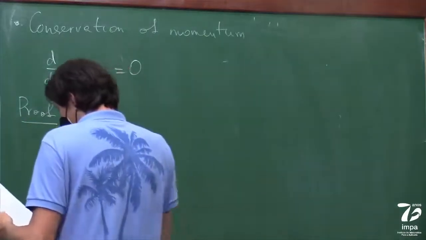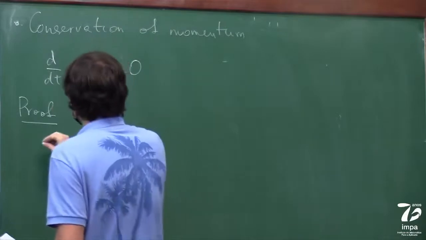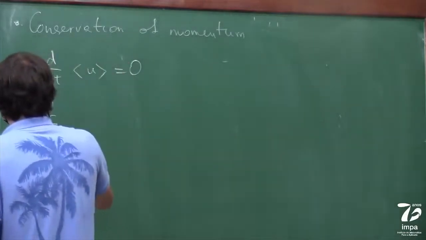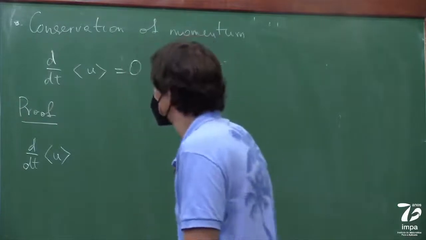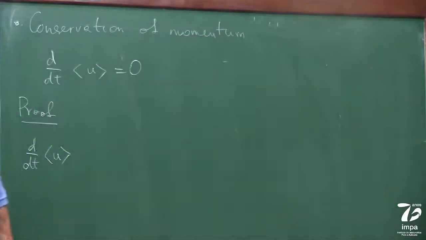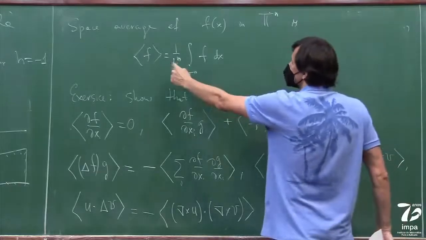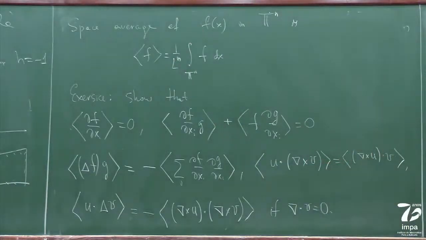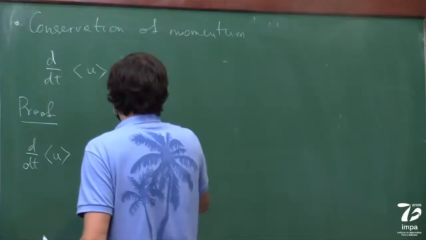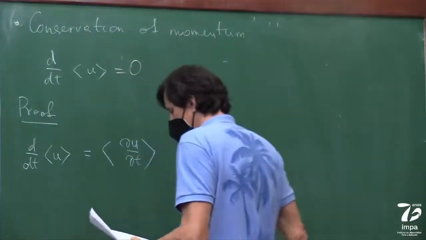The derivative of the average: an average is an integral, so it's a linear operation, and whenever you take a derivative, you can put it inside the integral. It becomes a partial derivative.